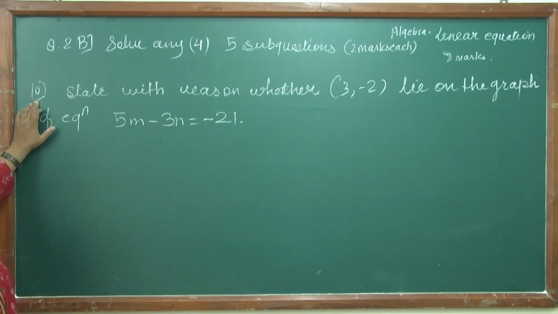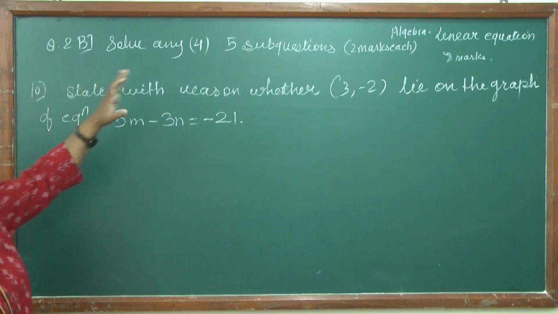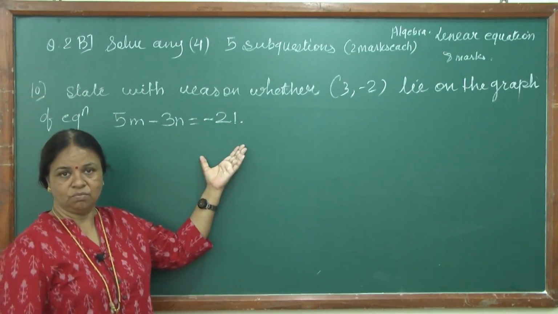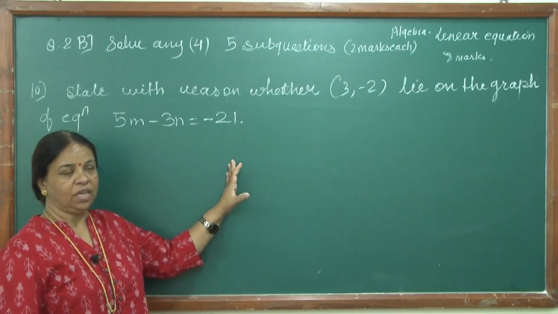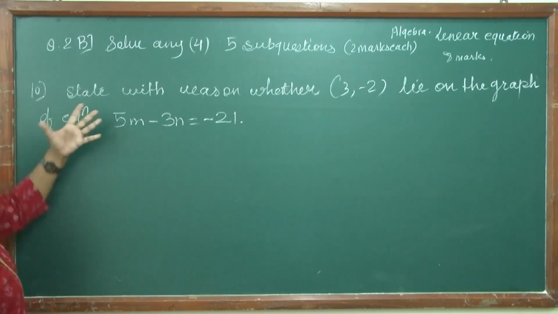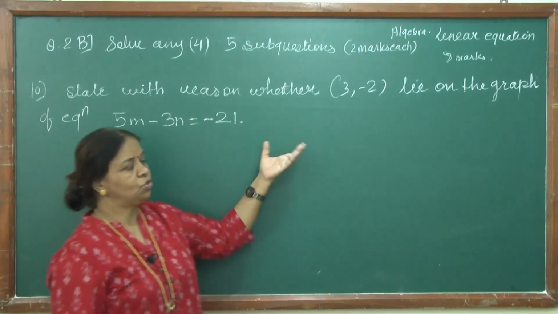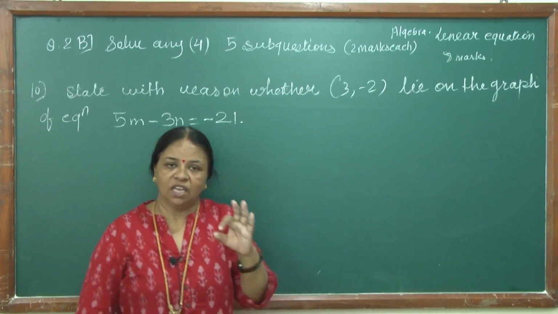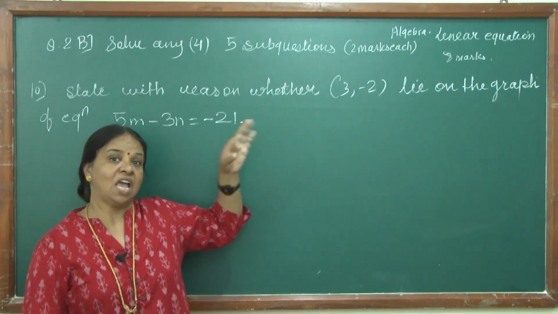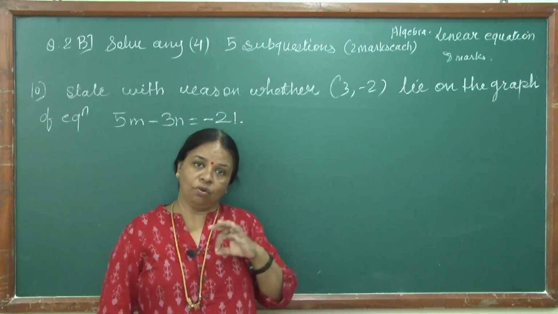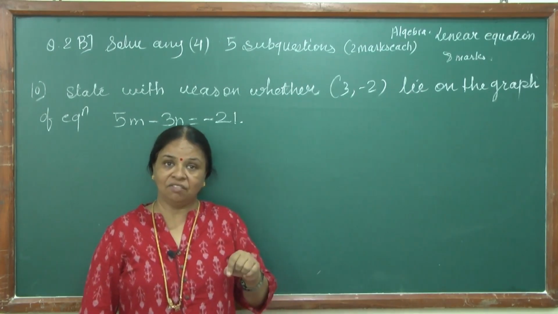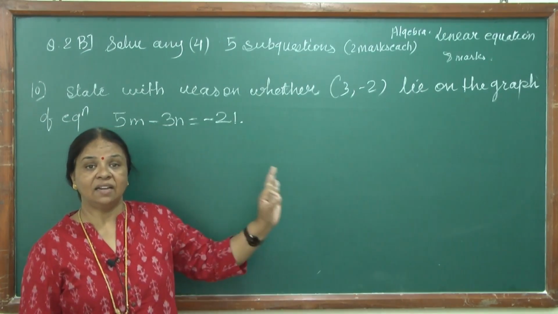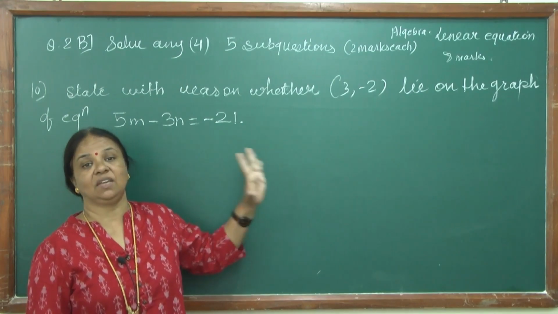10th question, the last question of your linear equation from question number 2b. Okay. State with reason whether 3, minus 2 lies on the graph or not. If any coordinate lies on the graph of the line, then that coordinate will satisfy the equation.